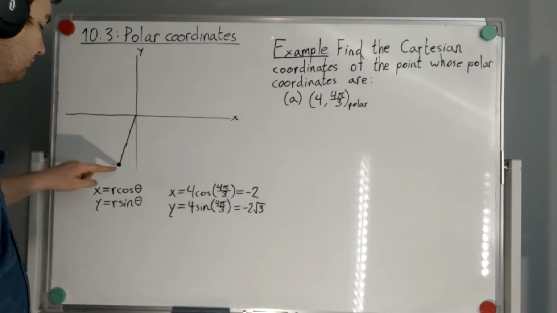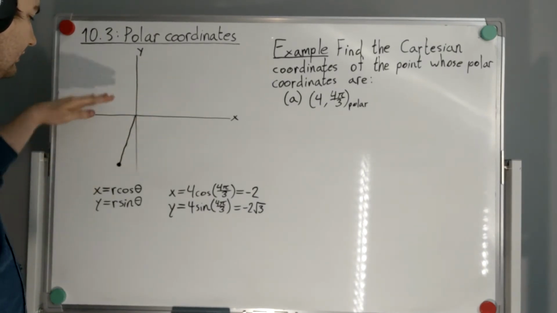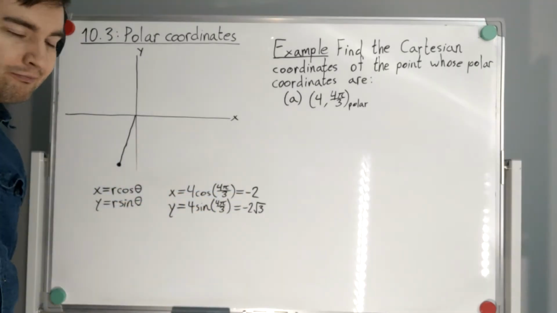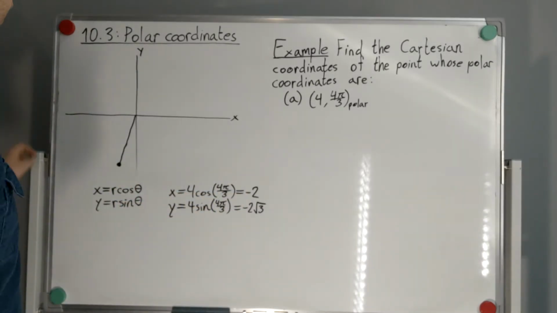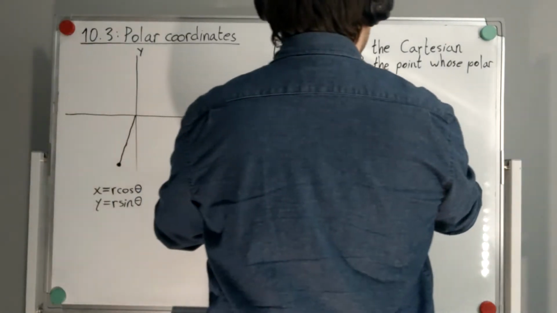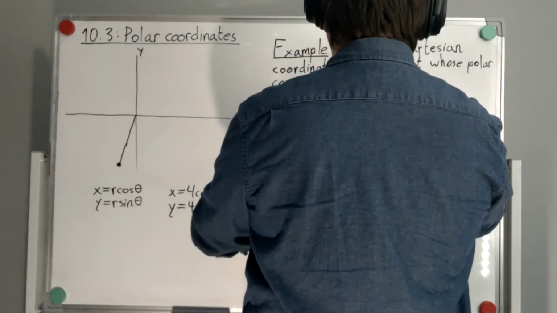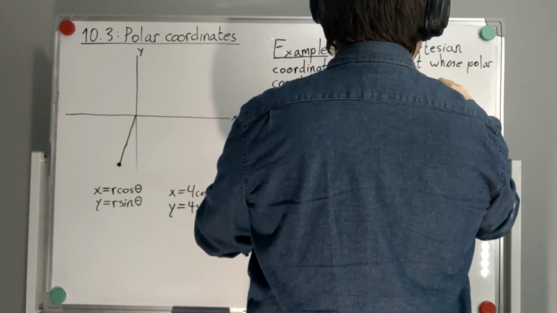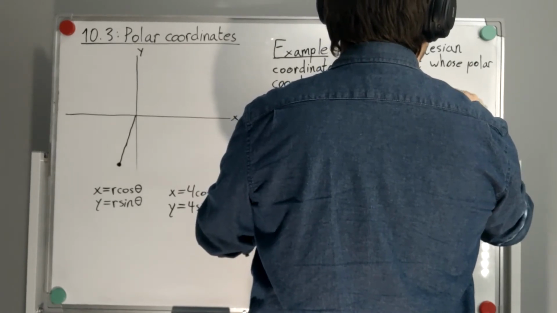We have this thing being on the left of the y-axis and below the x-axis, so both its Cartesian coordinates should be negative, and they are. And yeah, this is all we need. So this turns out to be the point negative 2, negative 2√3 in the Cartesian coordinate system.